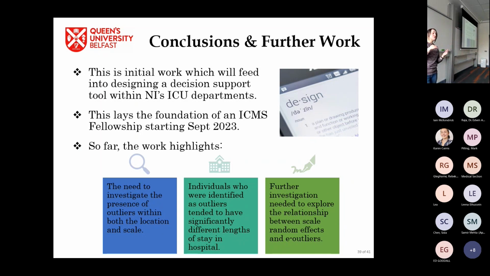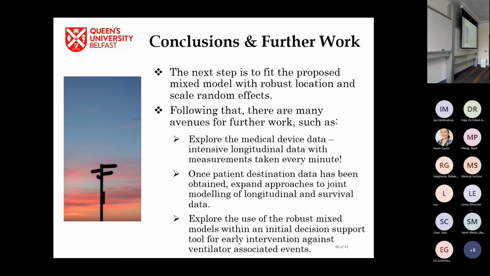And as well, to further investigate the relationship between, if we include individual specific scale effects, does that alleviate the need for more robustness in our epsilon ij's? So it's just more exploring what's happening there.